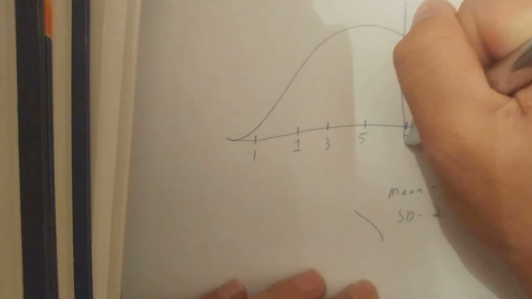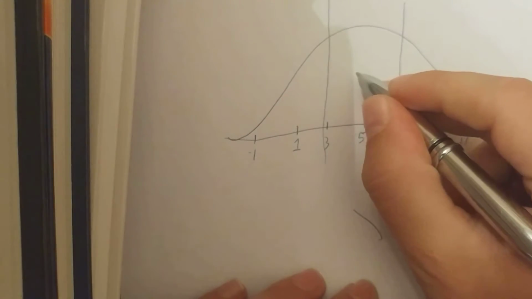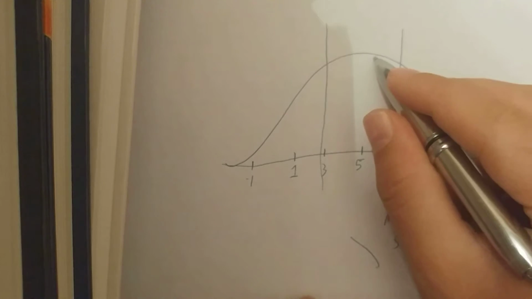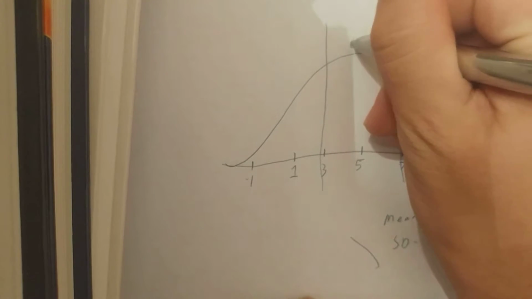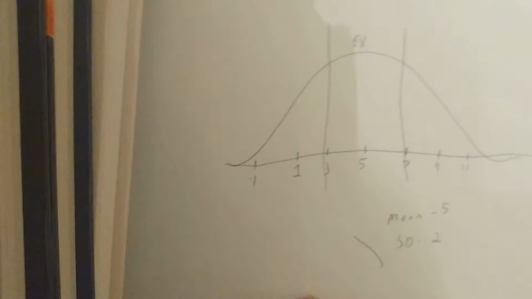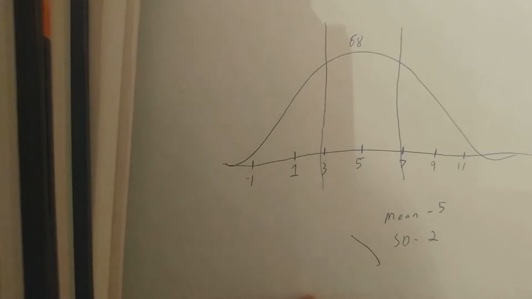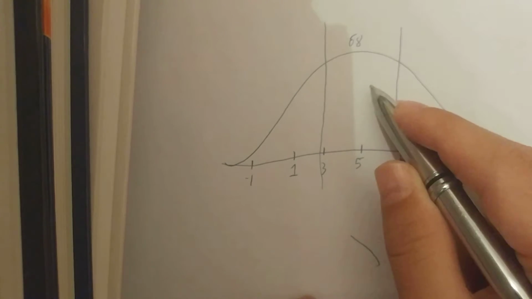And really what this is telling us, this is one standard deviation. And in one standard deviation we can assume in a normal curve, and very likely it will be, about 68% of all data within this model will fall in this area.